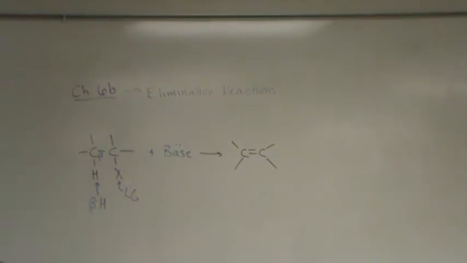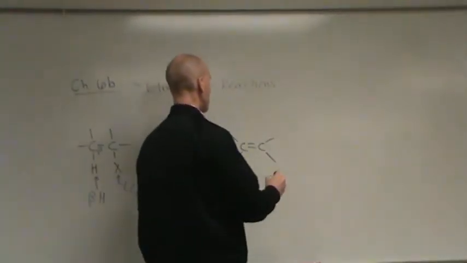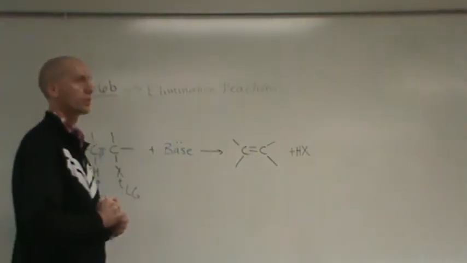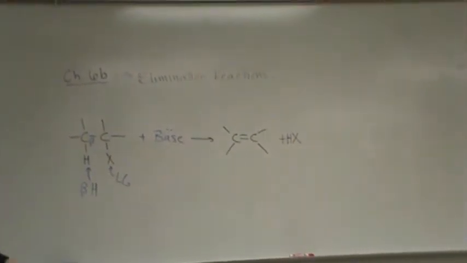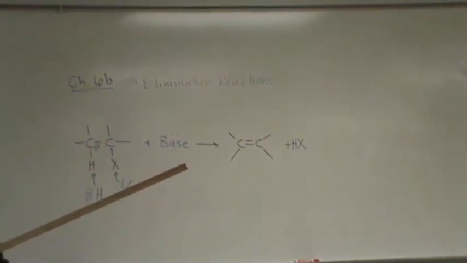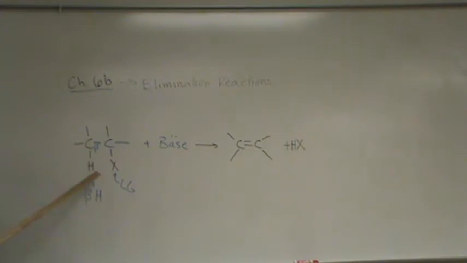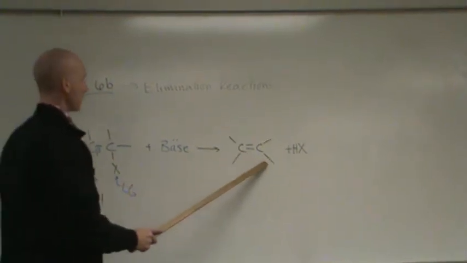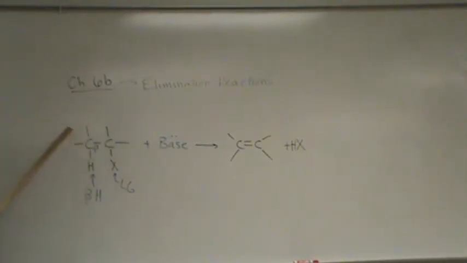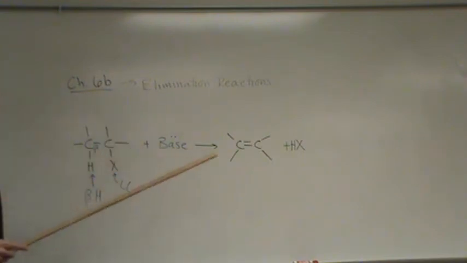And so as a result, we're going to lose H and X, and so we call that elimination because they have been eliminated from this molecule. So you can write down any elimination reaction is going to give you a double bond of some type. So we want to explore how this kind of thing happens. We're going to explore the mechanism of this and start to open this up a little bit.